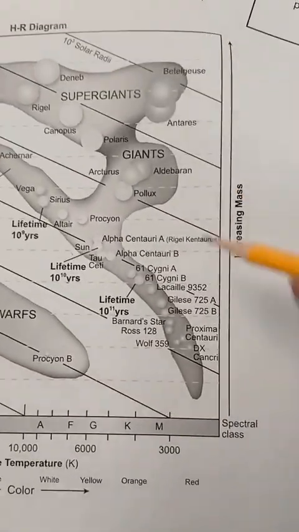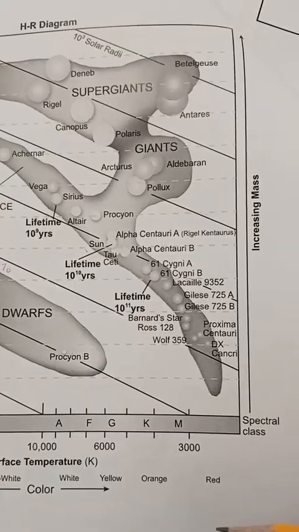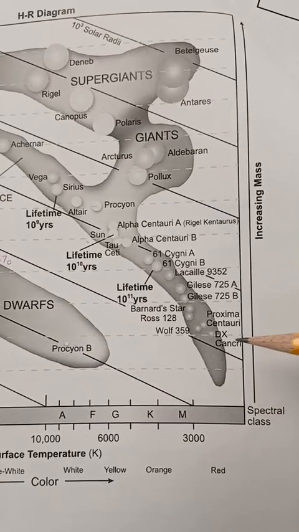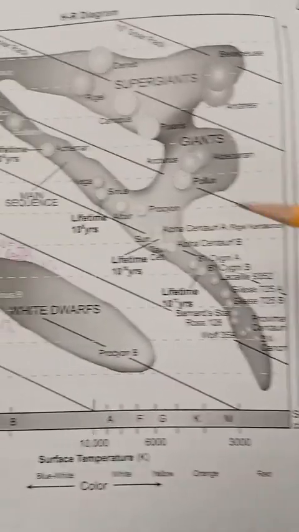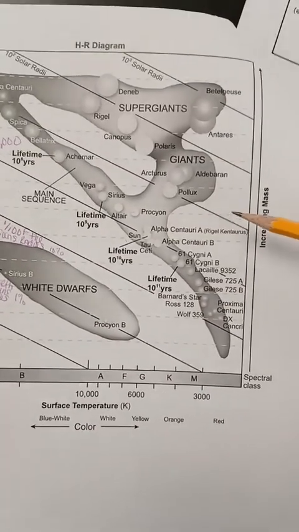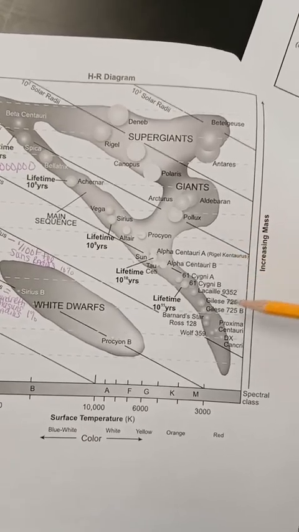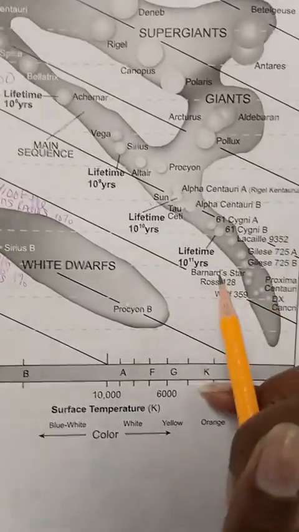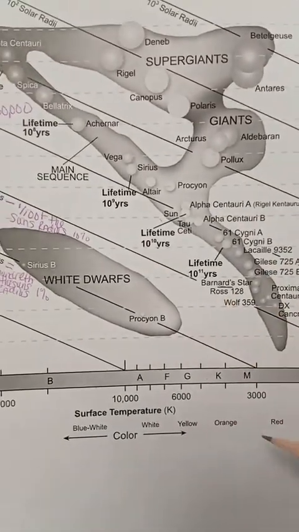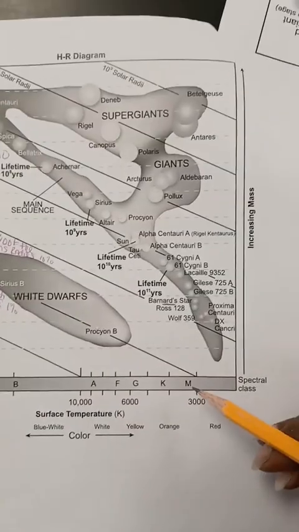All right, so here's Betelgeuse and it's red, and then Barnard's star, we have to locate Barnard's star really quickly. And here we are, Barnard's star. And it is between red and orange.